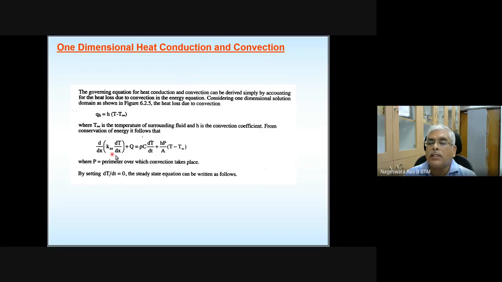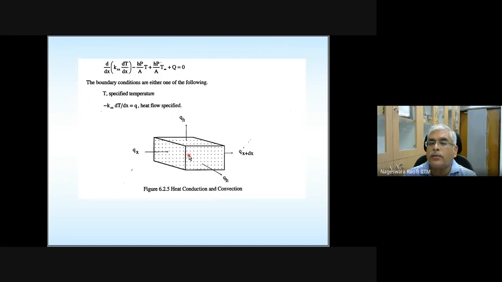This is how it looks under steady state condition. Steady state means temperature is constant with respect to time. Under that condition, this equation gets reduced to this one. So we are going to solve under steady state condition. What is the temperature distribution across any of these specific applications?